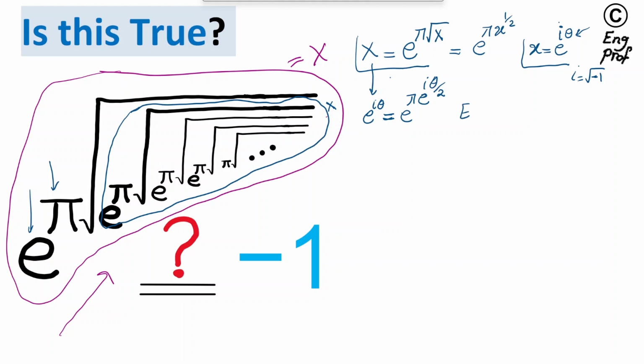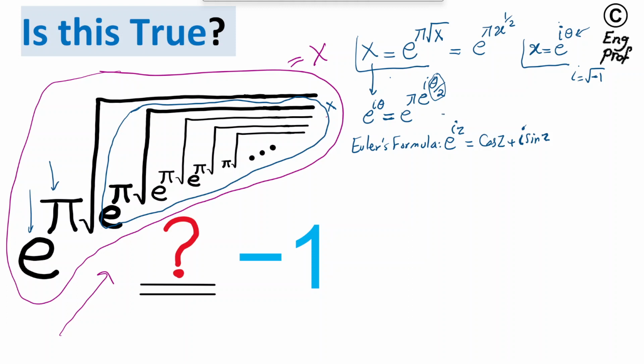The famous Euler's formula says, as is well known, that e to the ix is equal to cosine x plus i sine x. To avoid confusion, it doesn't matter if you say iz and then cosine z, sine z. In this case, my z is theta over 2, e to the i theta over 2.